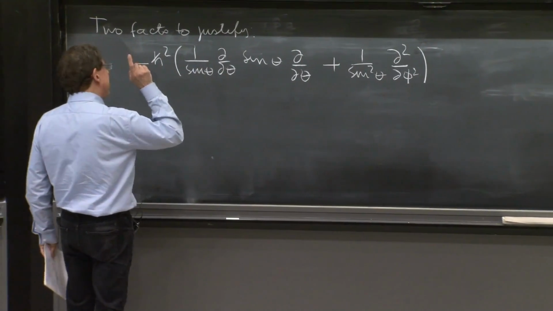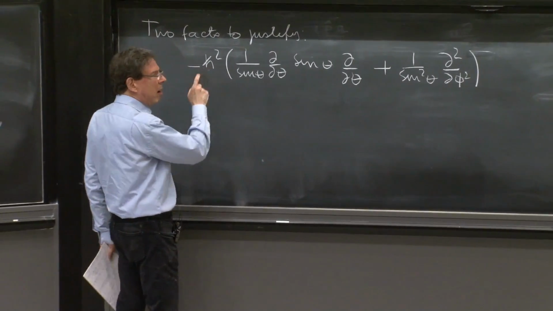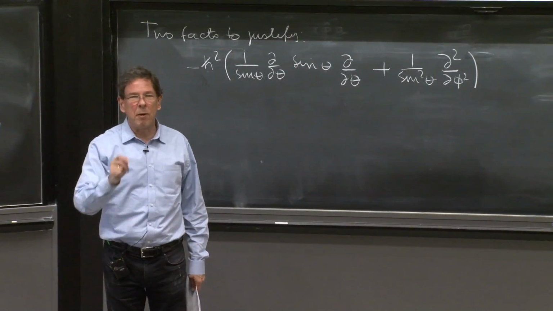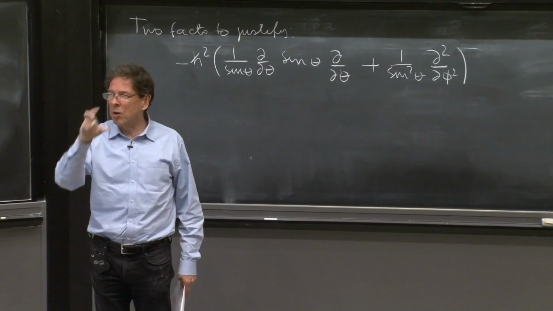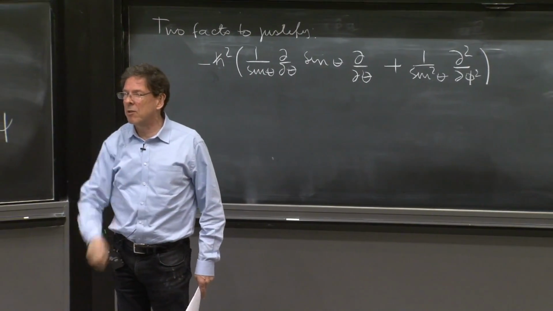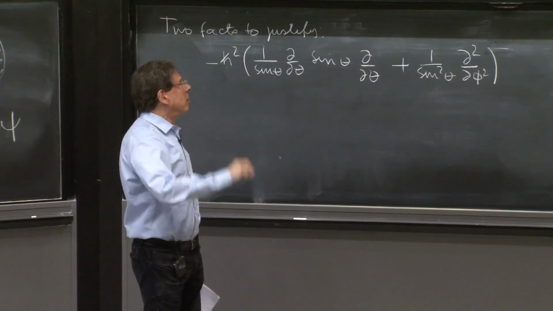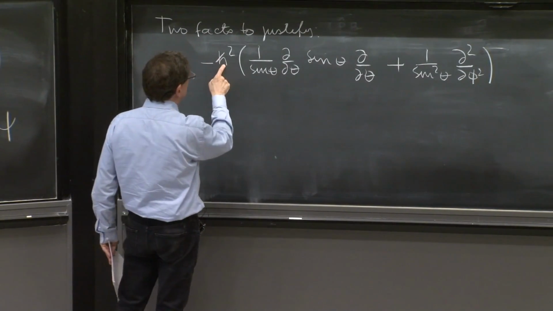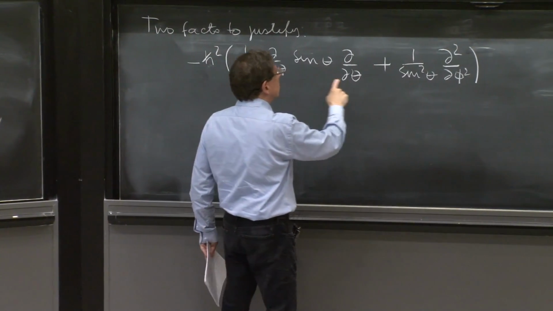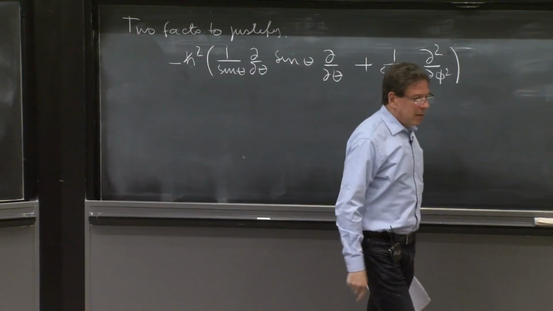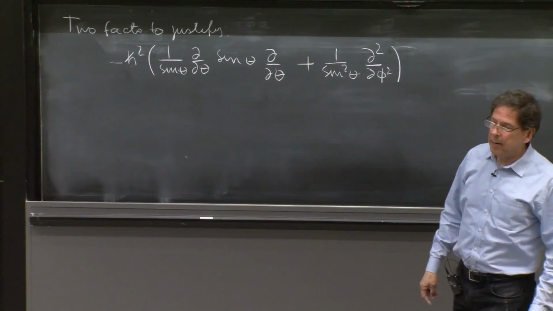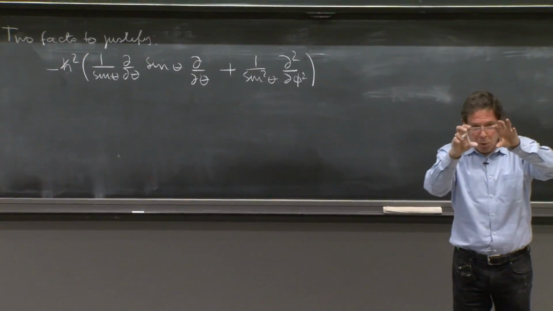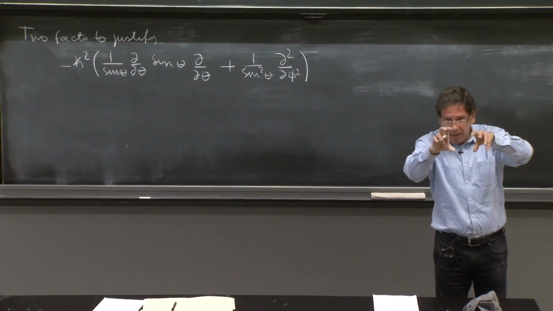remember, units of angular momentum is h bar. Angular momentum is length times momentum. And from the uncertainty principle, you know that x times p has units of h bar. So angular momentum has units of h bar. So there's h bar squared here. So this must be angular momentum squared. In fact, if you think about angular momentum, it's x times p, so x times a derivative.